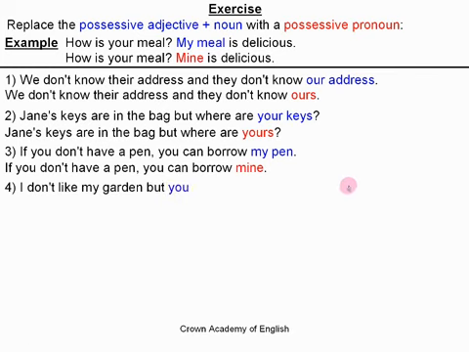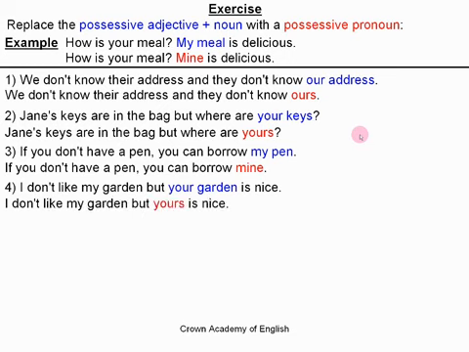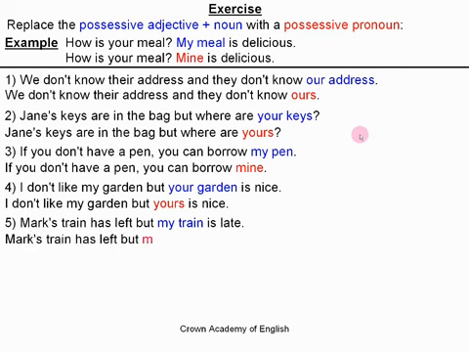Question 4. I don't like my garden, but your garden is nice. That is the question. And the answer is, I don't like my garden, but yours is nice. Question 5. The answer is, Mark's train has left, but mine is late.